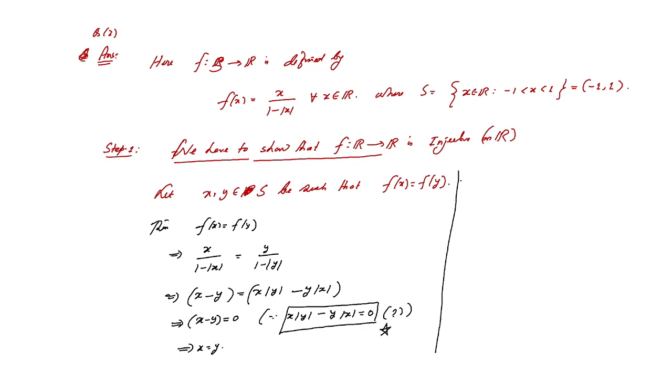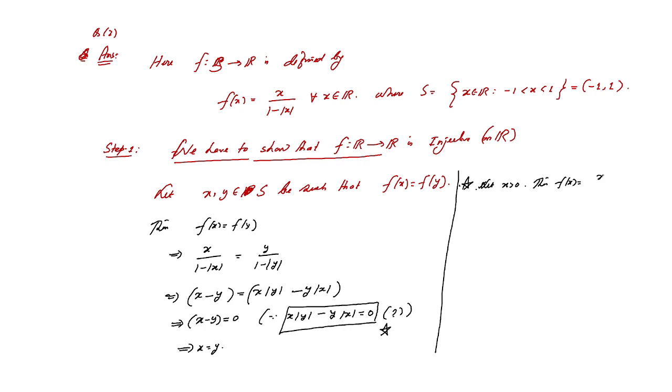For that case, I will give you here the supportive argument why this is true. This is true because of the condition, if we take x greater than 0, then what will be our f(x)?